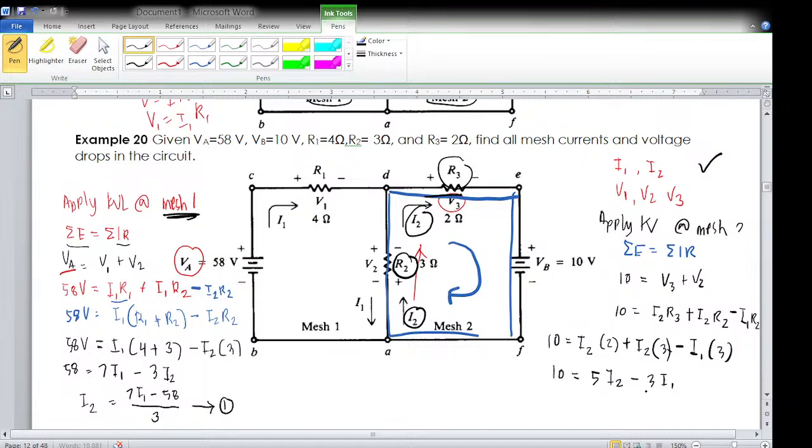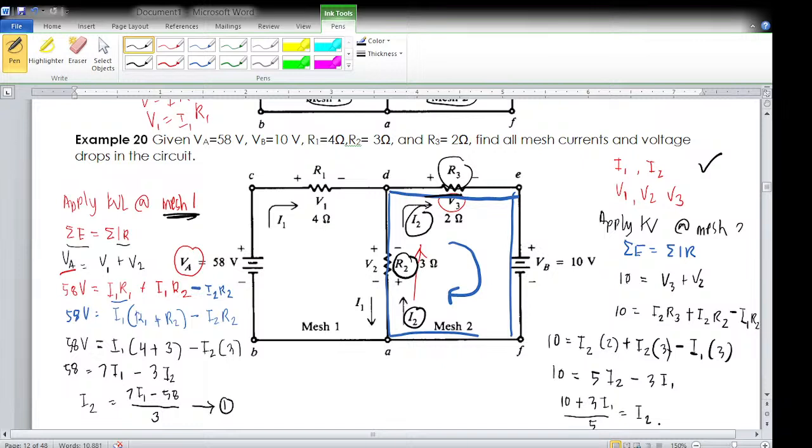Now, from here, class, we can express it again as I sub 2 or as I sub 1. It's up to you how you are going to express it. Let's just express it as I sub 2 so we can equate it later to equation 1. So I'm expressing it as 10 plus 3 I sub 1 over 5 equals I sub 2.